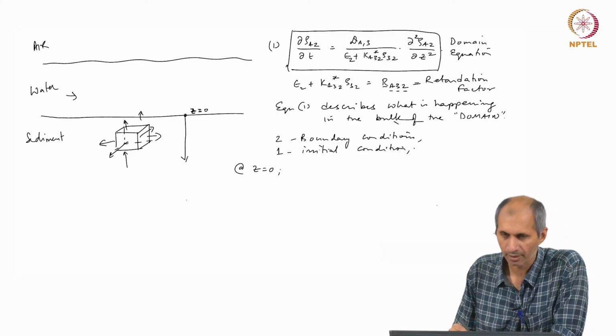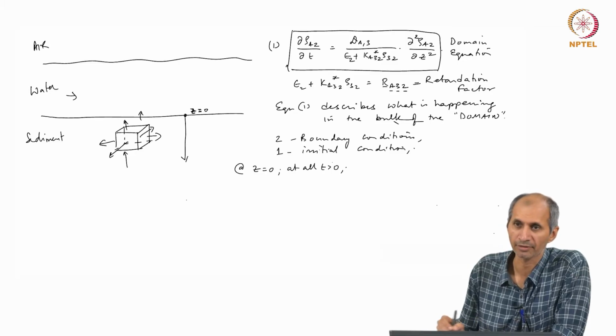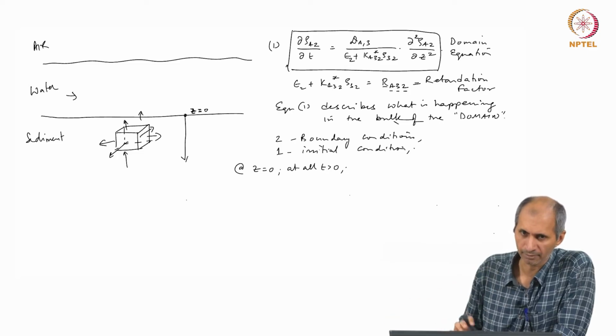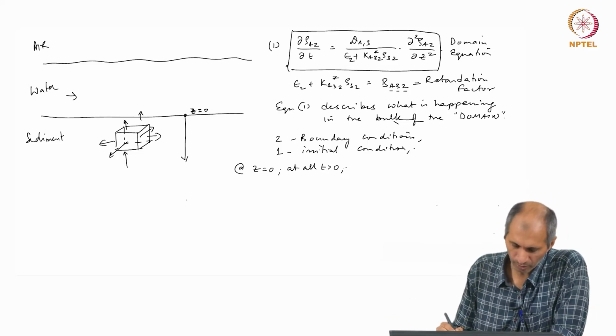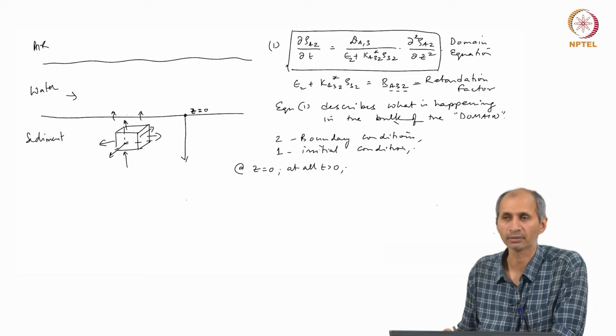Usually boundary conditions are written at a particular location z, for all time greater than 0. This is how it is written. This is the full definition of a boundary condition, which means it must be applicable at all time. So what is applicable at all times in this particular boundary?